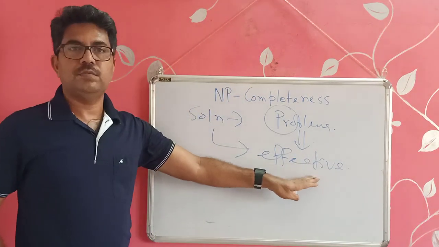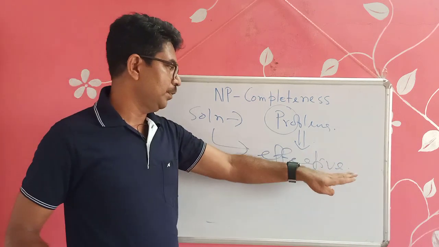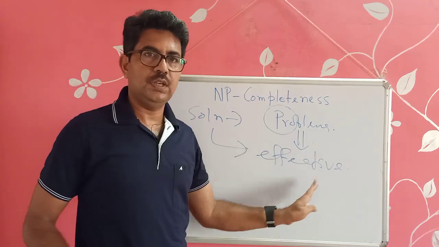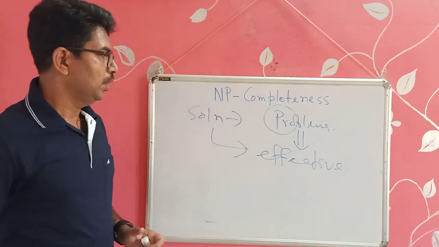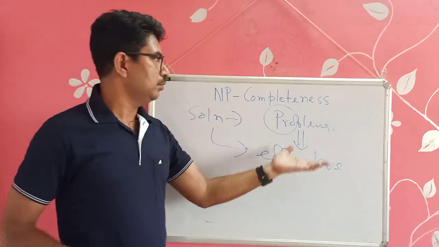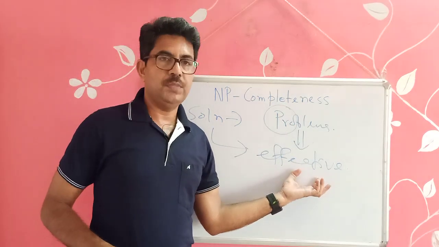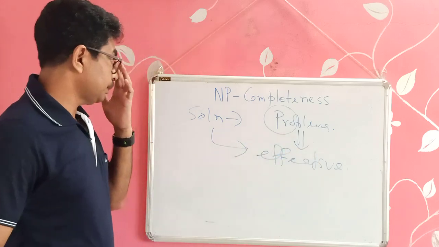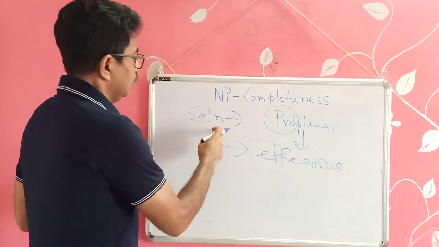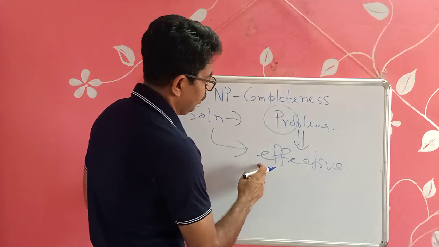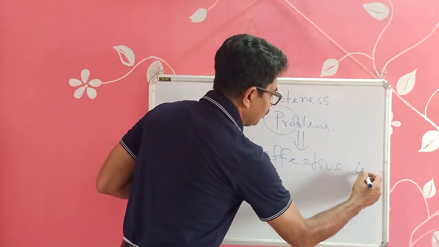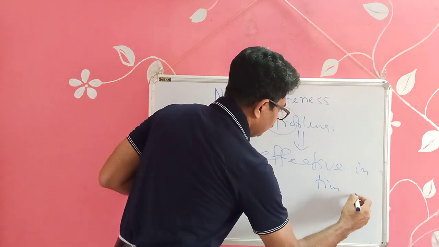Already you have discussed the meaning of effectiveness: effectiveness in terms of time complexity and space complexity. Here, whatever we discuss will be based on the time complexity of the algorithm. So we have to check whether the solution is effective in terms of time complexity or not.